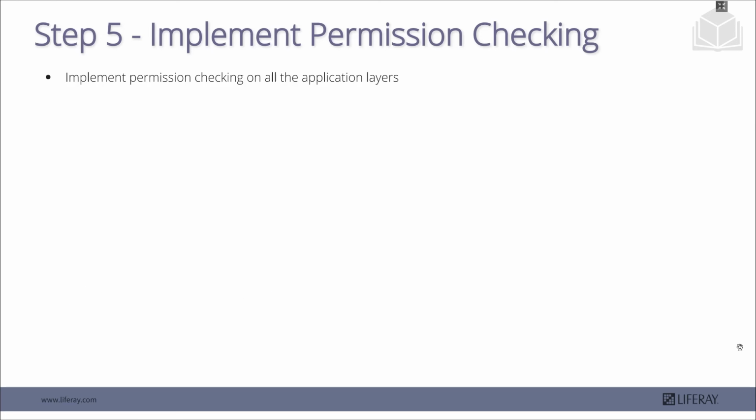And then finally, we want to make sure that permission checking is going to happen in all of our layers. This is a good time to have redundancy, right? We're going to do permission checking for each one of our different layers, the controller layer and the service layer.